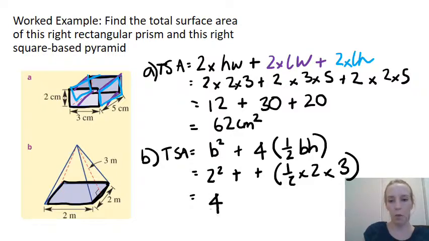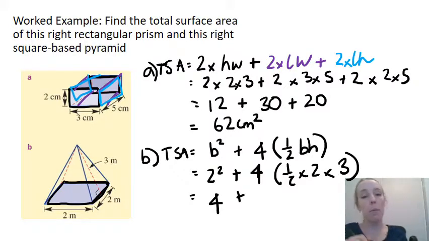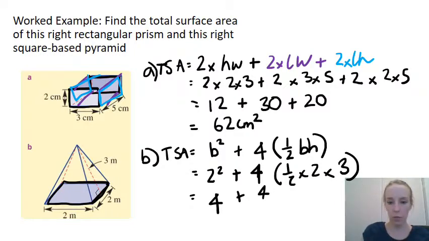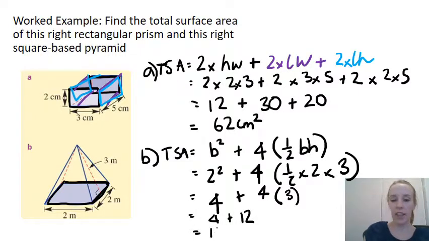So 2 squared is 4, plus 4 times that thing in brackets. A half times 2 is 1, times 3 is 3. So that's 4 plus 12, which gives me 16. Not centimeters, it's meters, so 16 meters squared for my total surface area.